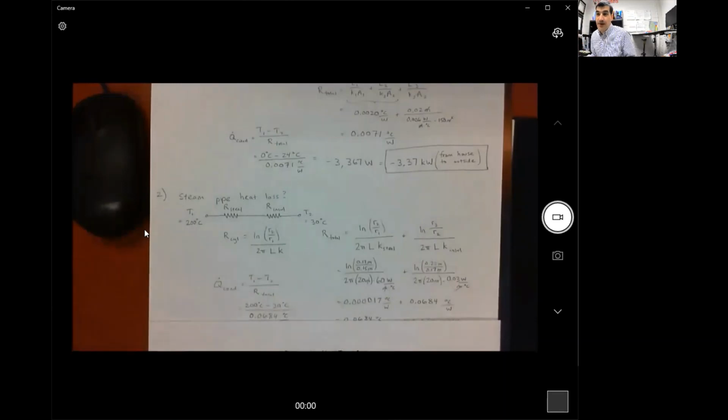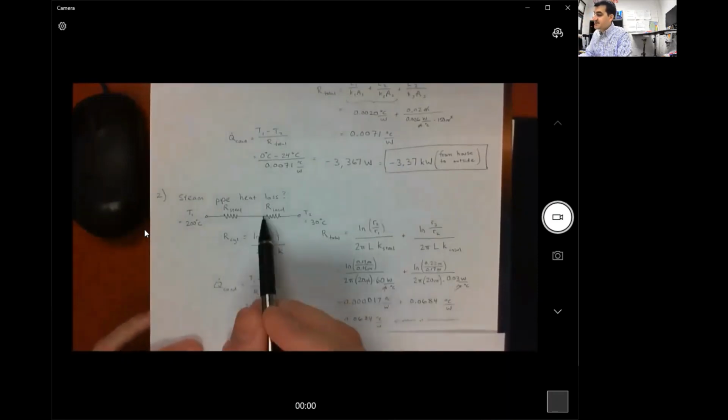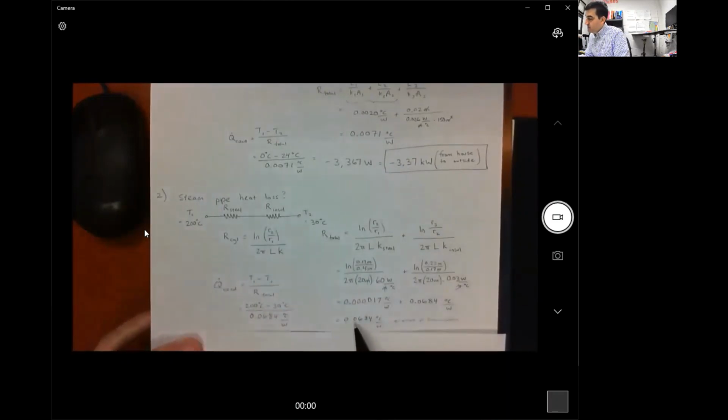That's kind of the whole point of putting the insulation on it, right? All right, so we add these up because they're in series. And our final answer for the total thermal resistance here is 0.0684. So notice that this resistance here is pretty much negligible compared to the resistance right here. So this is our total thermal resistance.